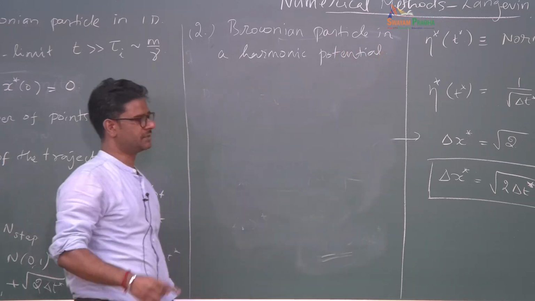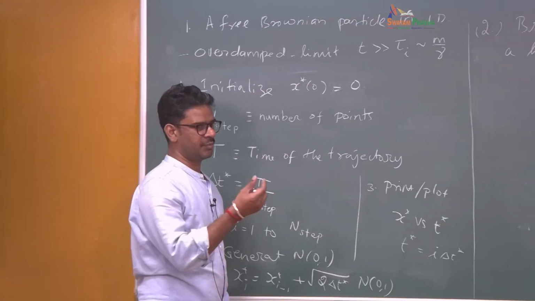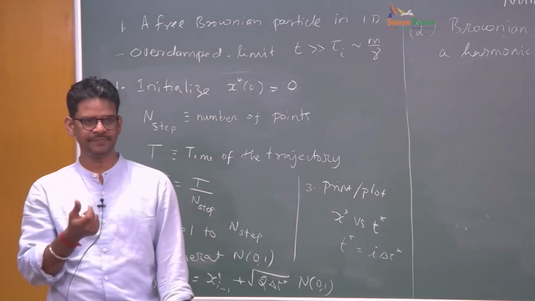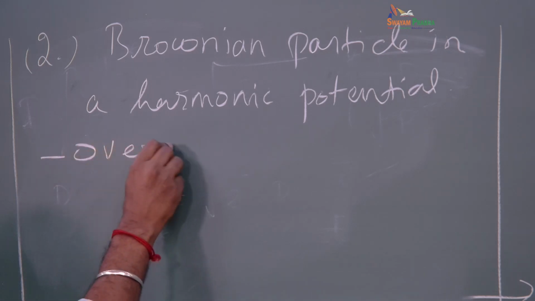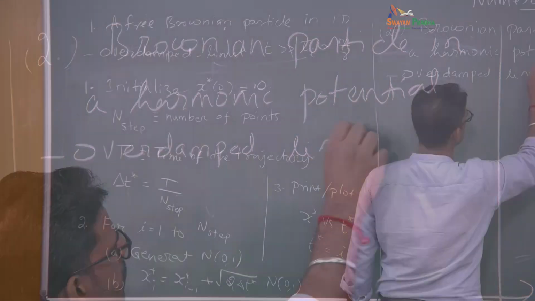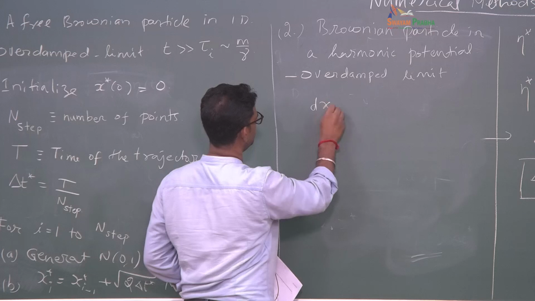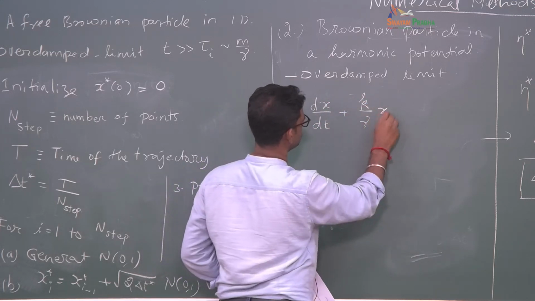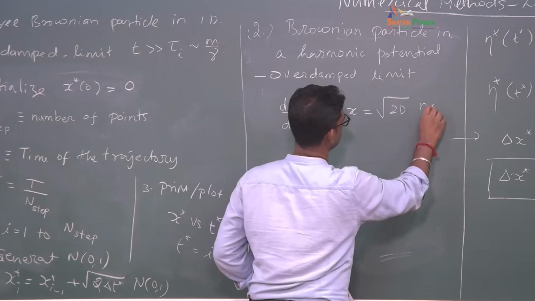We already discussed this problem in the context of optical tweezers, where a Brownian particle is confined to a one-dimensional harmonic potential, and then in the overdamped limit, we have dx by dt plus k by gamma x equal to square root of 2D eta of t.